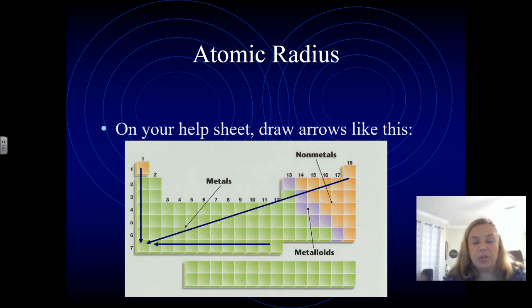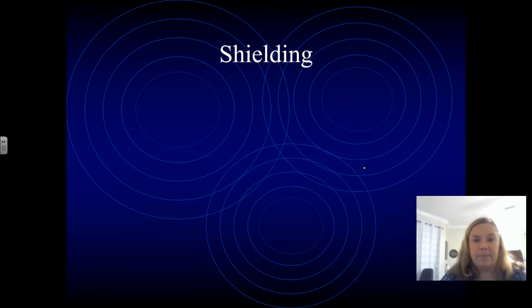So as we get closer to the bottom left-hand corner of the periodic table, our atoms get much larger. Therefore, the helium are much smaller. And again, they're much smaller because they're being held tightly to the nucleus, and there's not a high effective nuclear charge because there's only 2 protons in a helium.